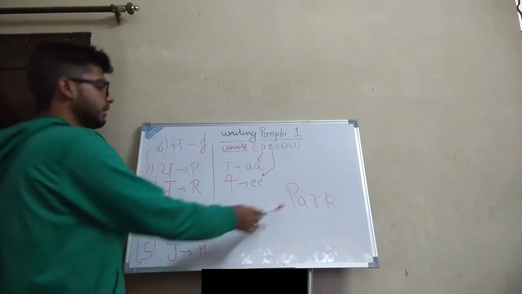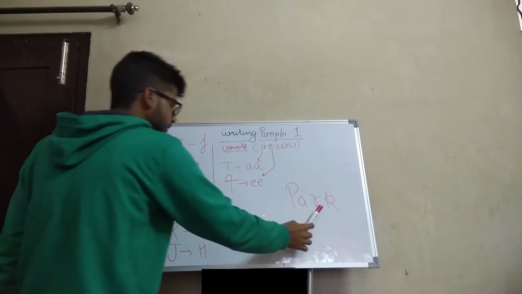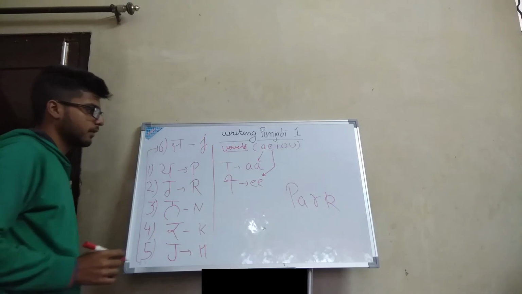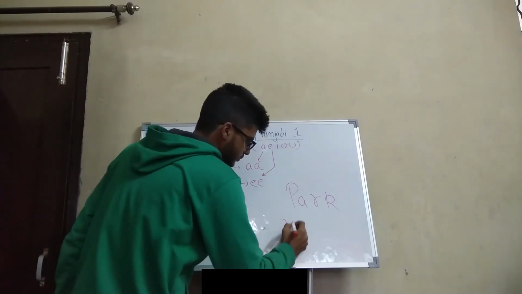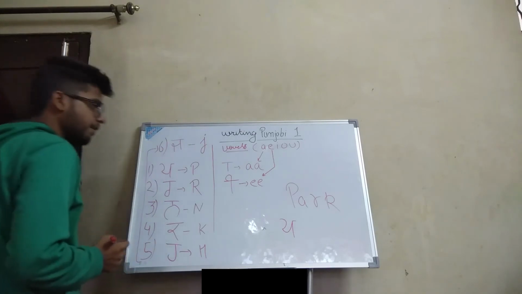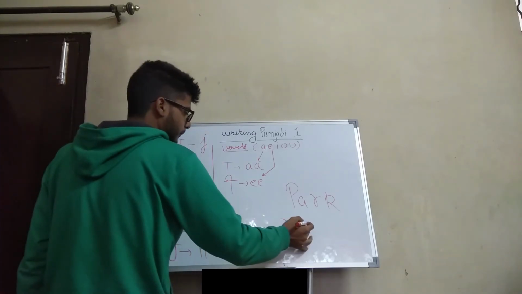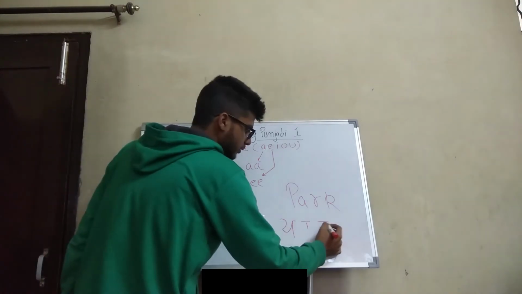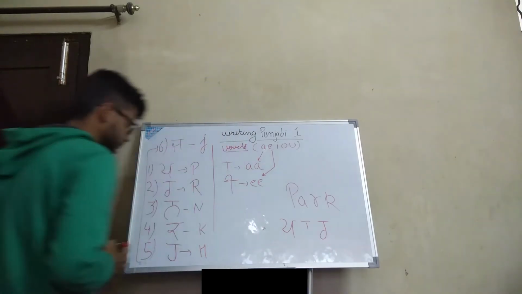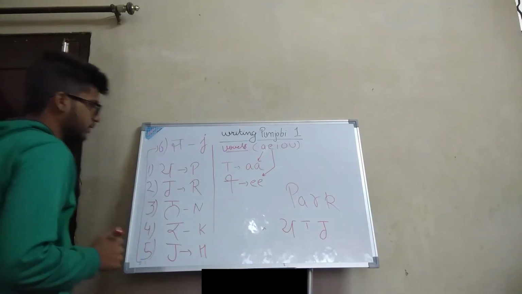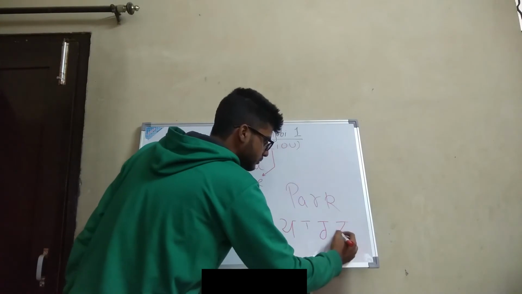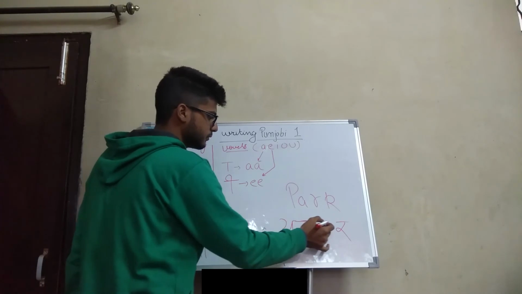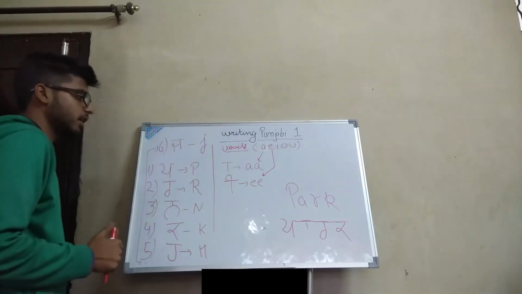So we want P, A, R, K. This is P, this is A, or you can say double A. This is R, and this is K. Now you need to join all these. It's like this. The word becomes park.